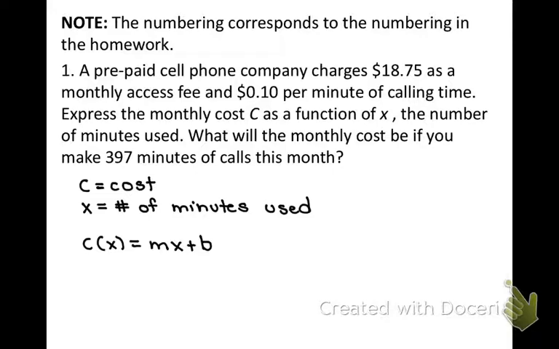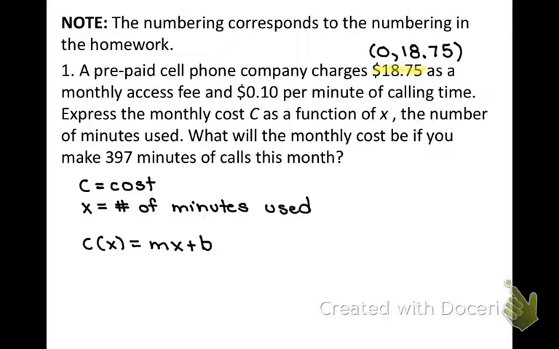Now, if I use no minutes, so 0 minutes, I'm still going to have a cost of $18.75. So that means this $18.75 here can be represented as the point (0, 18.75). Now, think about what's special about this point. This point is your y-intercept.